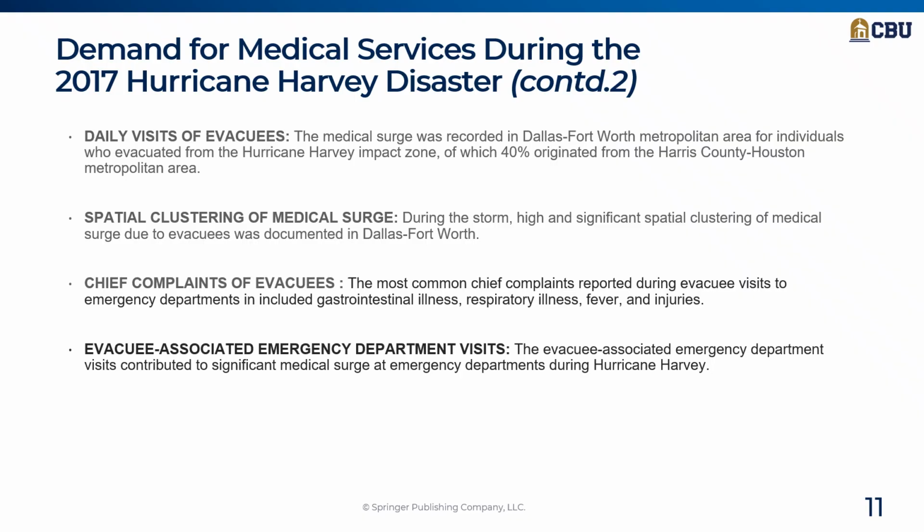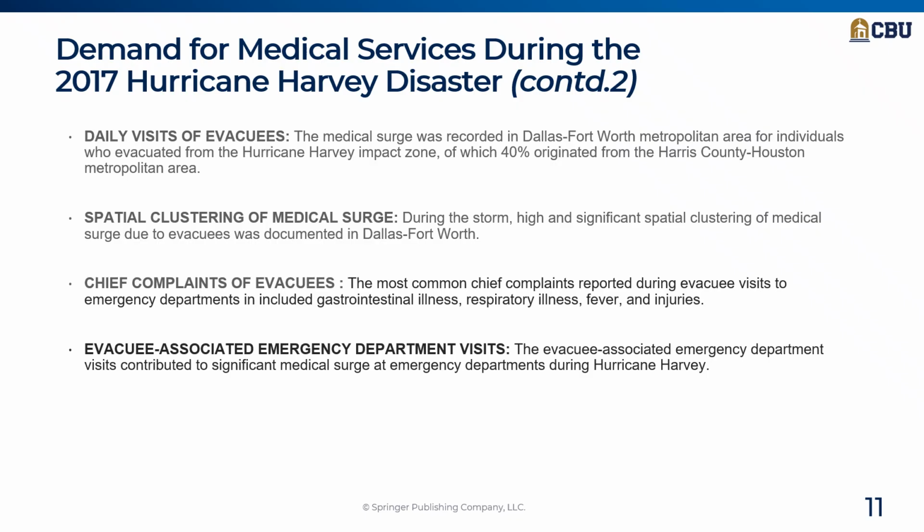A lot of that surge that we saw, hundreds of miles away, was due to evacuations, which played a major role in the numbers increasing that we saw. In the Dallas-Fort Worth area, emergency departments saw that sharp increase. They looked, in particular, at visits from evacuees fleeing the Harvey impact zone.